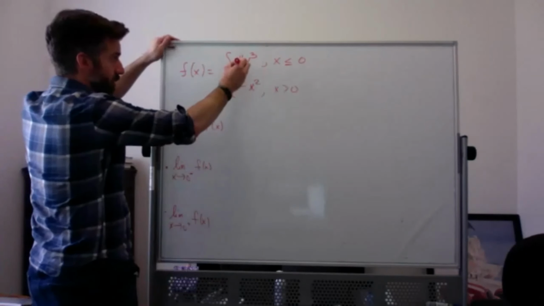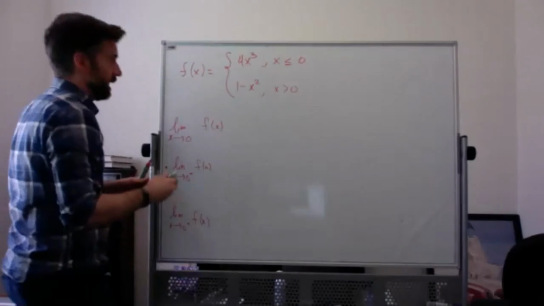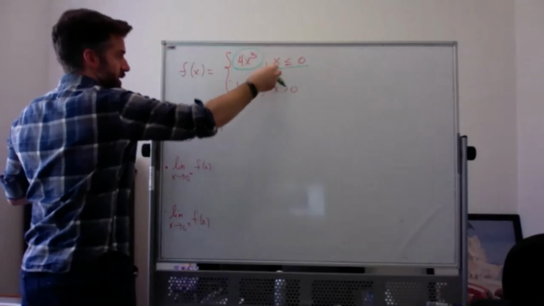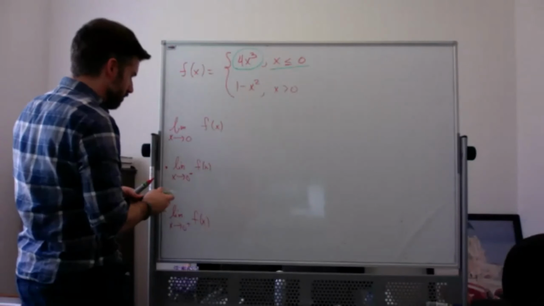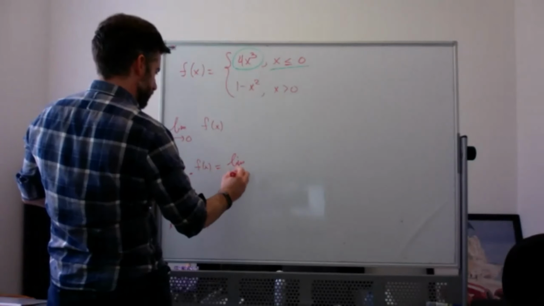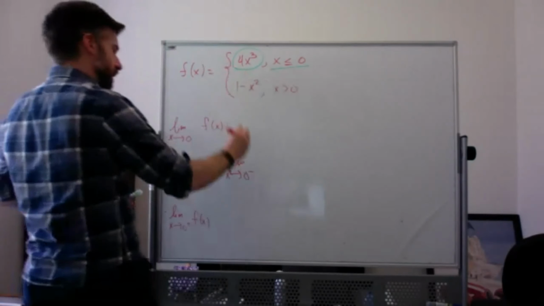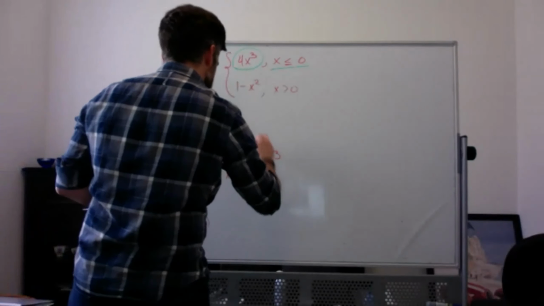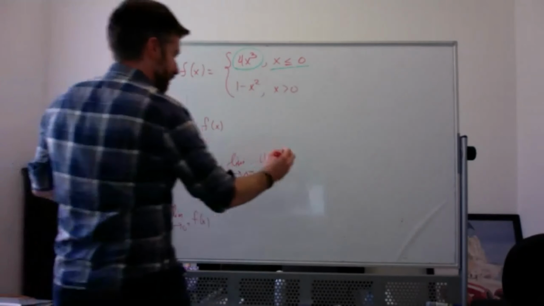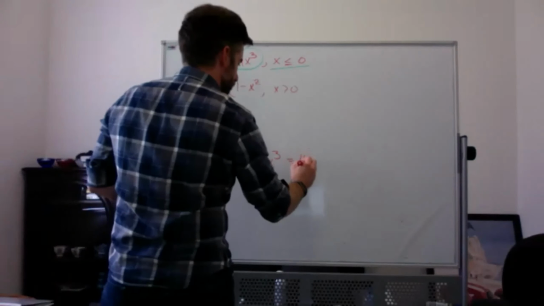And I have to use the piece of the function where x is less than 0. So I'm looking at this piece here because x is less than or equal to 0. So that's going to be the limit as x goes to 0 from the left of 4x cubed. But for 4x cubed, we can just plug in 0. So I'm going to get 4 times 0 cubed, which is just 0.